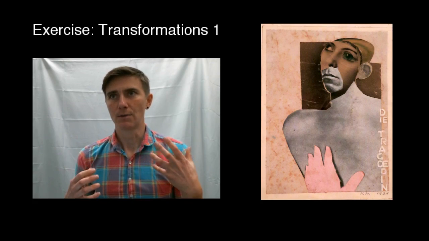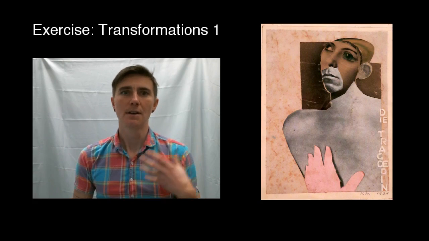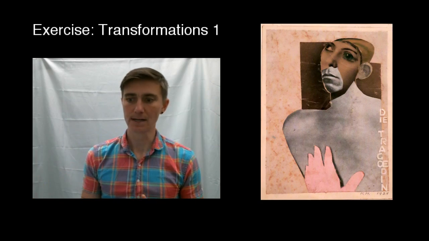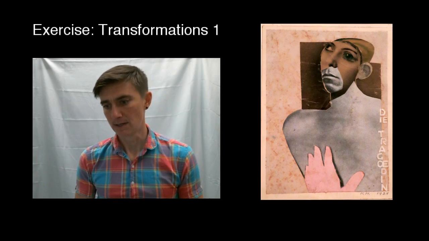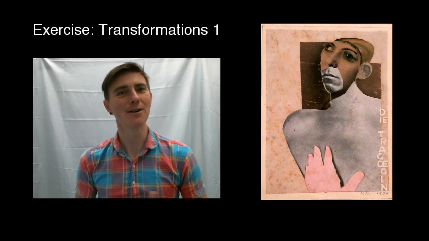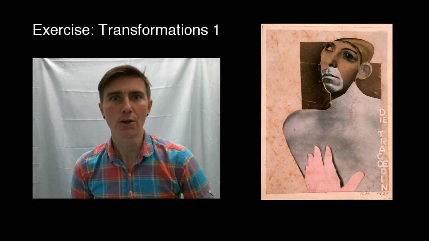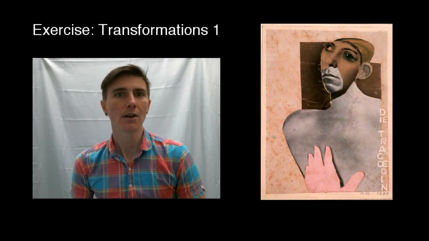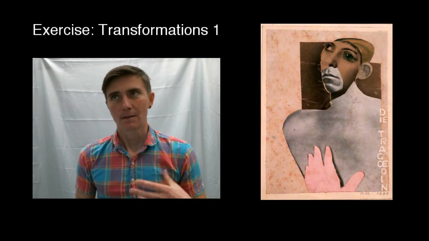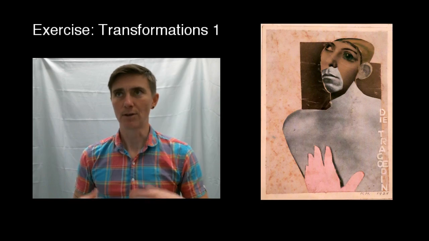And it's also a great way to start to understand the technique of collage. So the artwork that you see here on the right is actually a collage piece from the 1920s. Looks like it's 1924. It's by Hannah Hoch, who was a Dadaist artist, and she is one of the founding artists who started working with collage.